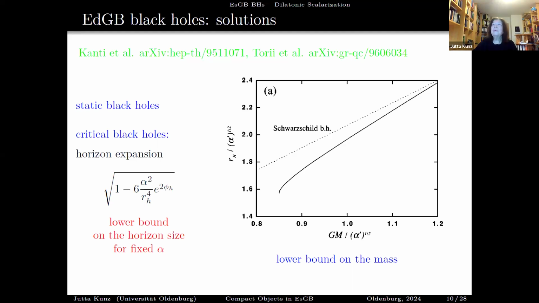And it is kind of funny to have black holes with a minimal mass. So we wouldn't have this type of black hole, a static, spherically symmetric black hole, the analogon to Schwarzschild, in this theory.